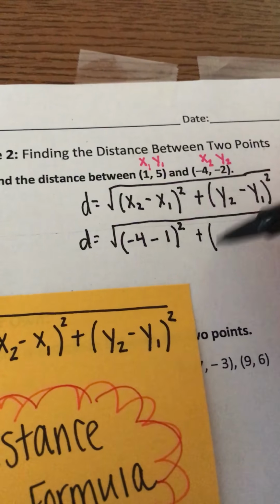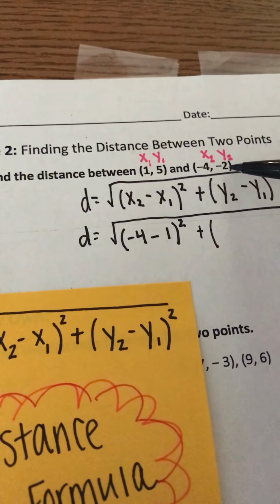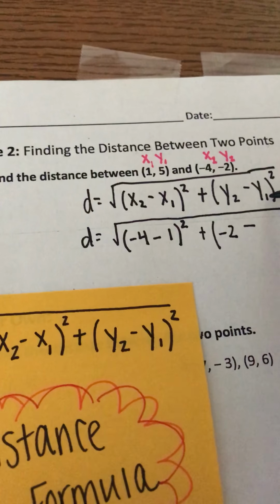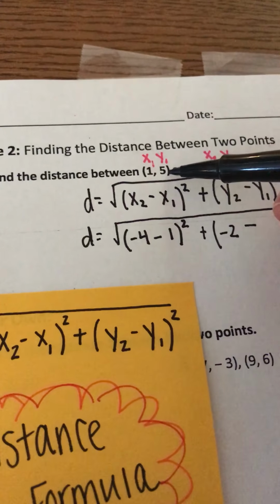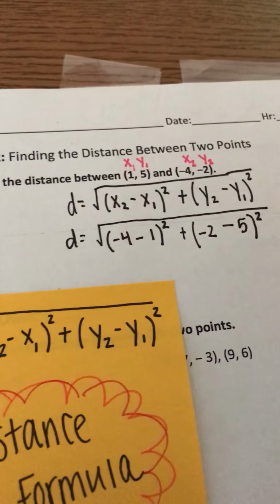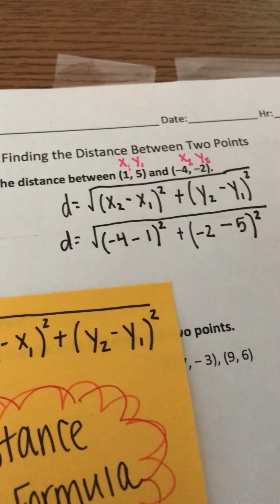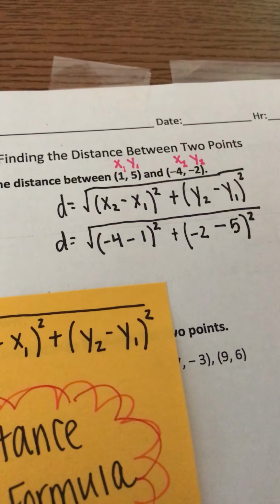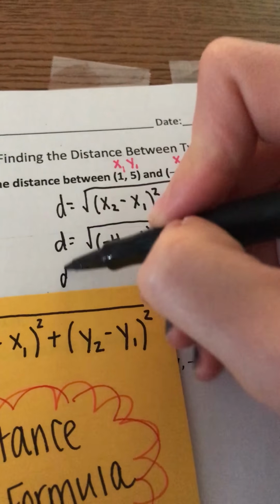And I'm going to add the second y minus the first y, which is 5. Feel free to pause the video, rewind it, go back and look, figure out where I just got all those numbers from. And now we can just do our algebra.